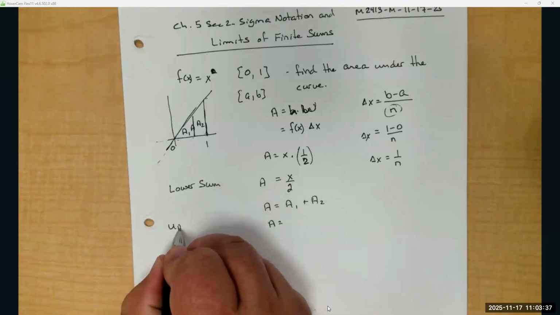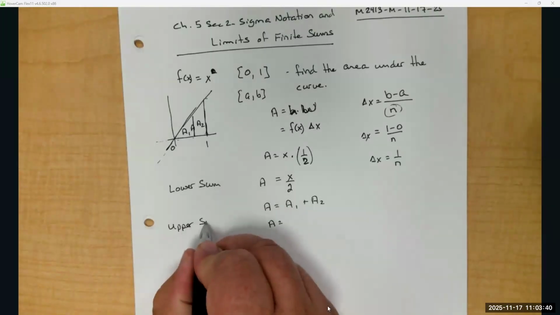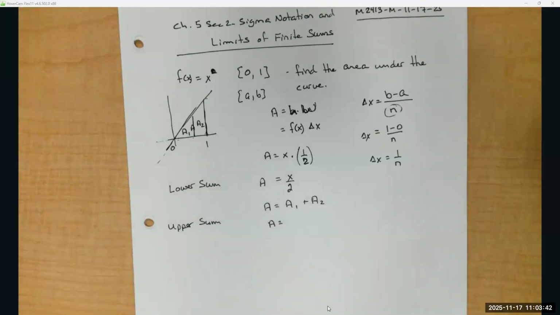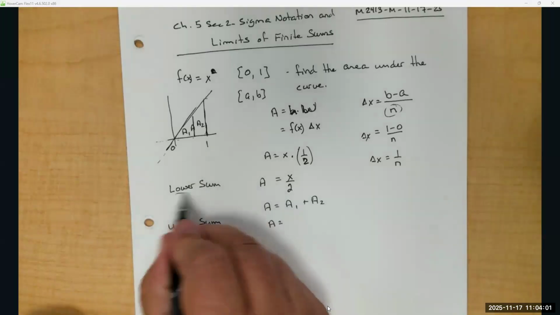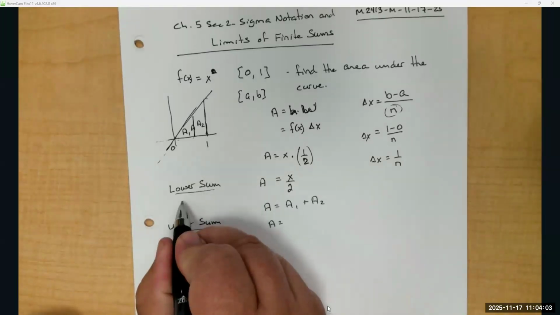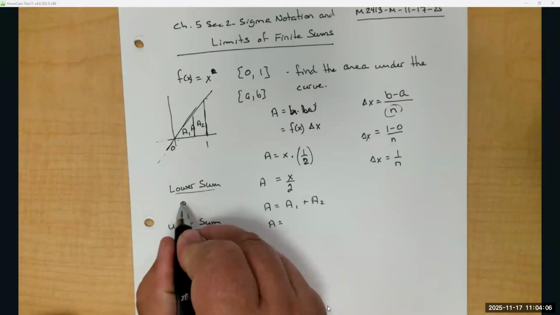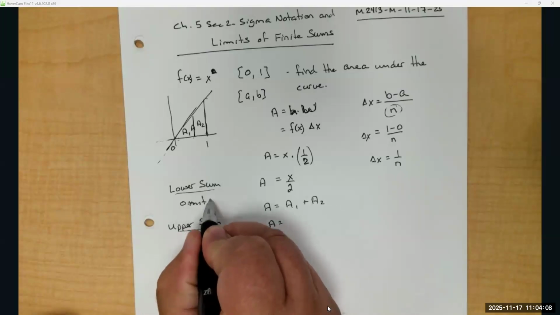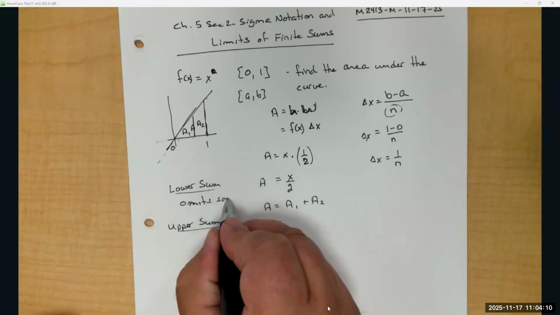What's the difference between lower sum and upper sum? The lower sum omits some of the area.